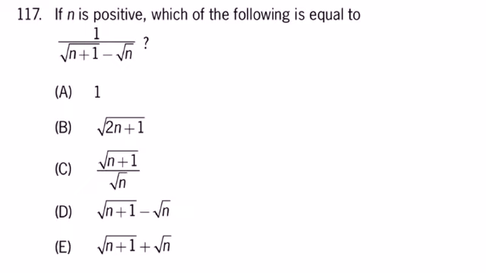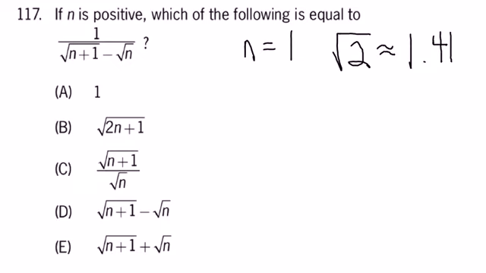Well, we ought to be able to plug in any specific numerical choice for n, and I'm going to show you that we can take n equal to 1. It's very useful for the GRE or the GMAT if you know that the square root of 2 is about 1.4, and if you want to be even more precise, it's about 1.41.